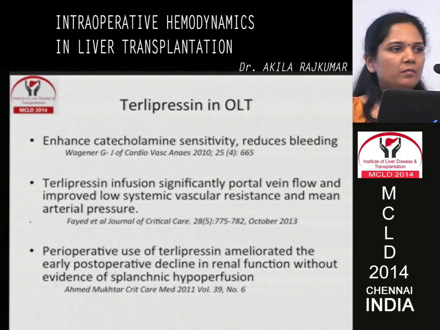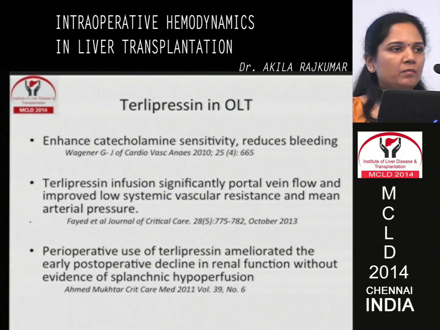And there's been significant interest in the use of terlipressin in OLT, following the benefits it has offered in hepatorenal syndrome. So splanchnic vasoconstriction and redistribution of blood into the central blood volume is very good. This is what we want. So this has been evaluated in various studies. Another advantage of using terlipressin is that it enhances catecholamine sensitivity of the myocardium, which is very depressed because of cirrhotic cardiomyopathy.